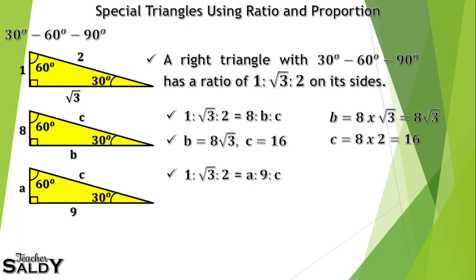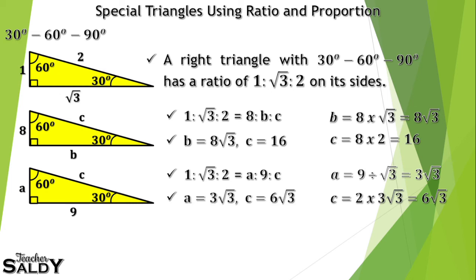So we will divide 9 by square root of 3, we get 3 square root of 3. So that's the value of A. Now, since the hypotenuse is twice the A, you will just multiply A by 2. So that's 2 times 3 square root of 3, which equals 6 square root of 3. That's the value of A and C.